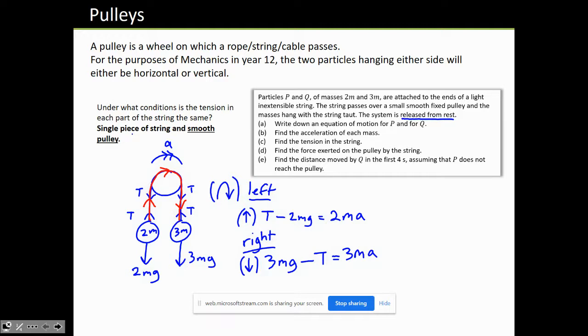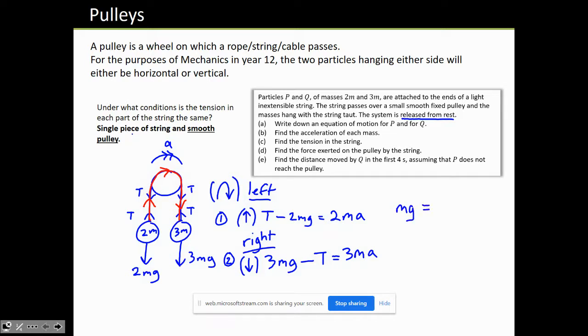Now I've done it this way to make it easier when it comes to finding the acceleration of each mass. Because what I can do now is take equation 1 and equation 2 and add them together. When I do that, on the left-hand side I get mg, because 3mg take away 2mg is just mg.